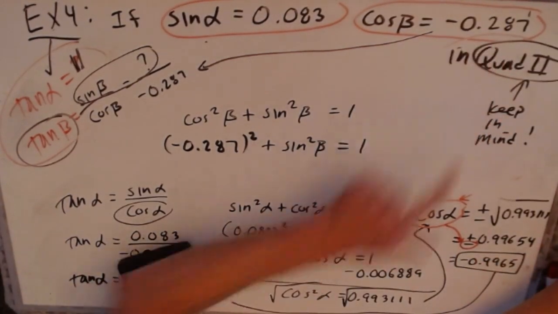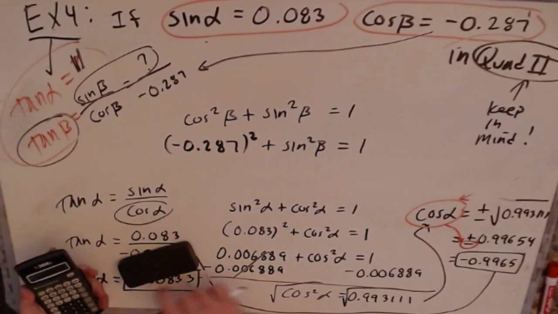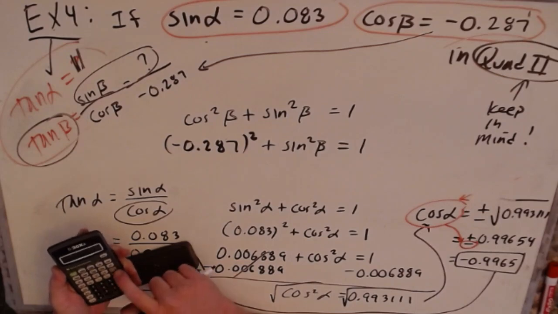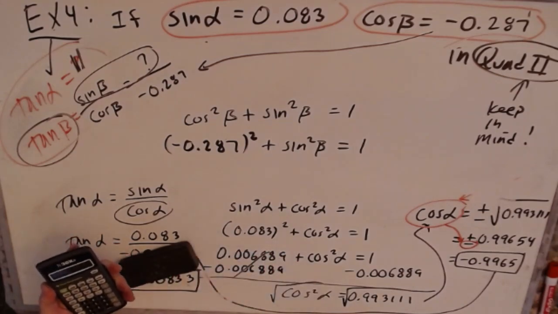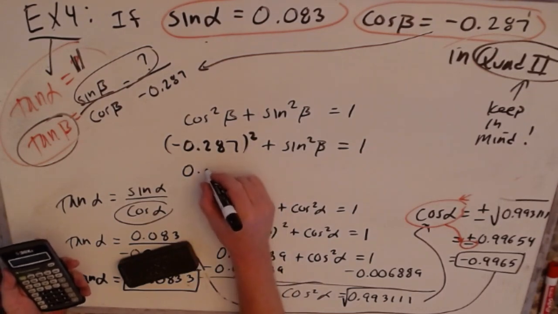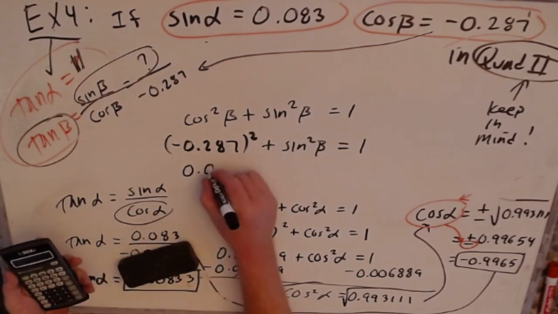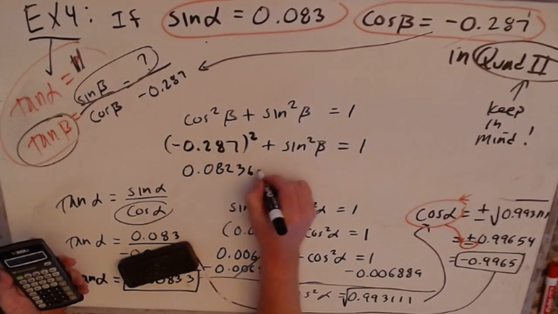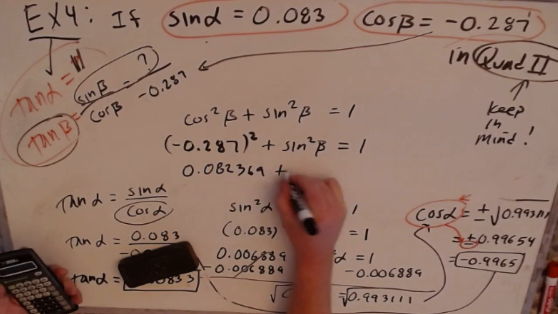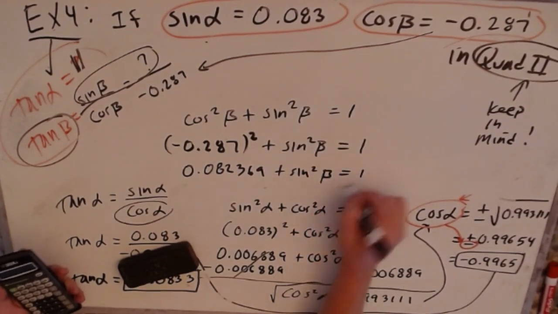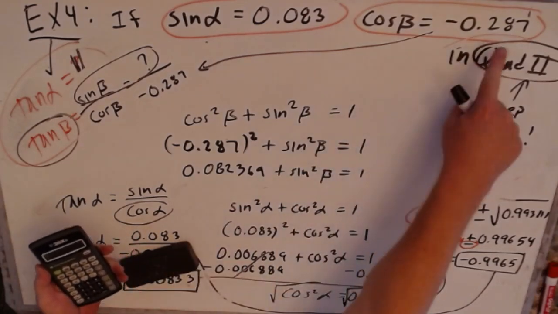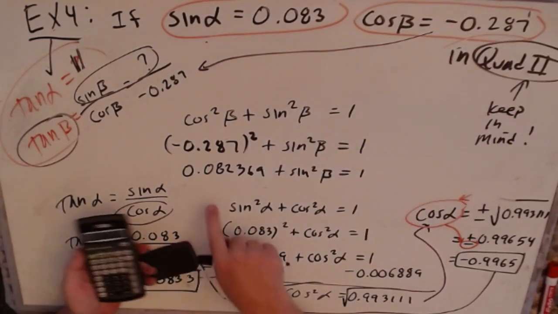Cosine is negative 287 thousandths. I'm going to square that. You're going to get a positive because you're squaring a negative: 0.82369. I don't need parentheses anymore. Plus sine squared beta equals 1. I'm going to double check that. 0.287 negative, and then square it. Yeah, that's right.